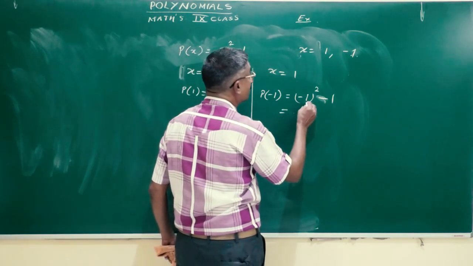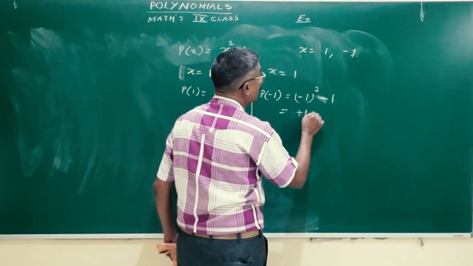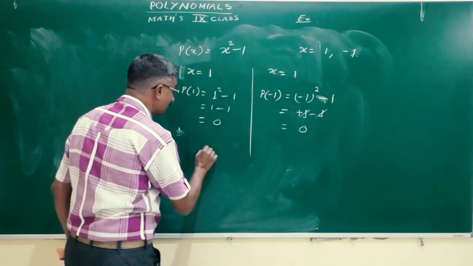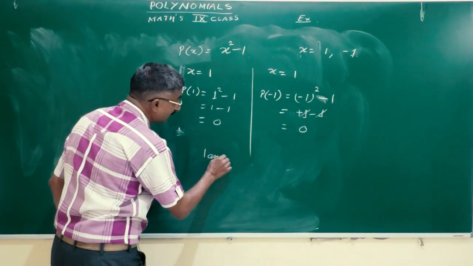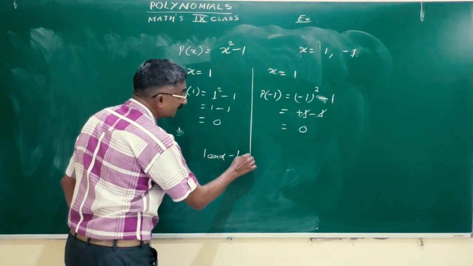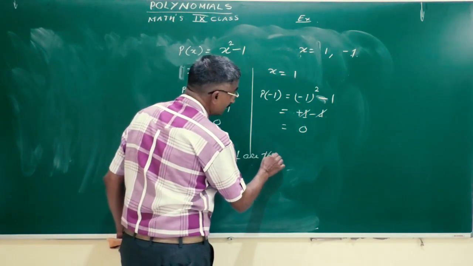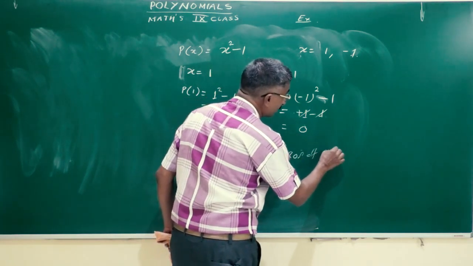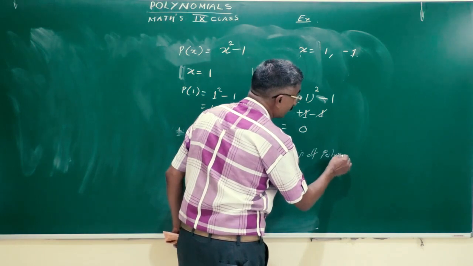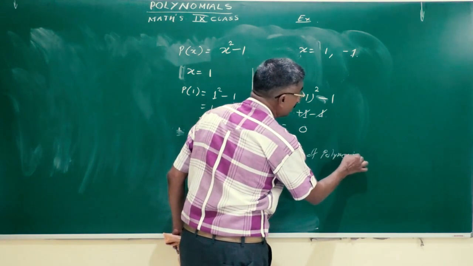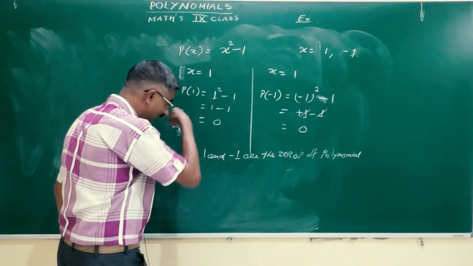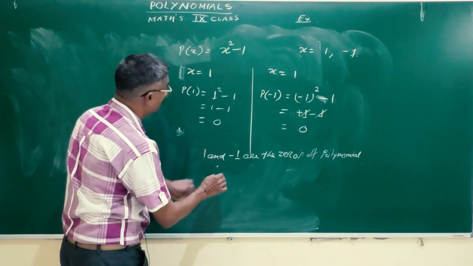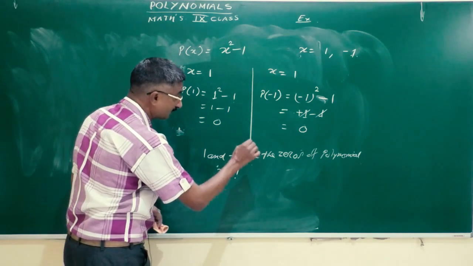So minus 1 square means this is plus 1 minus 1. Again this is cancelled, is equal to 0. Means 1 and minus 1 are the zeros of the polynomial x square minus 1.